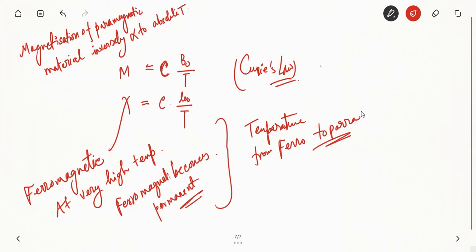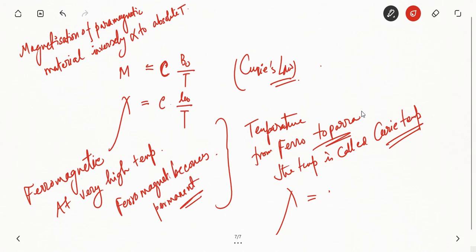Chi is equal to C, the Curie constant, divided by T minus Tc, the Curie temperature, where T is much greater than Tc. Remember that, it is important. What is the Curie temperature?